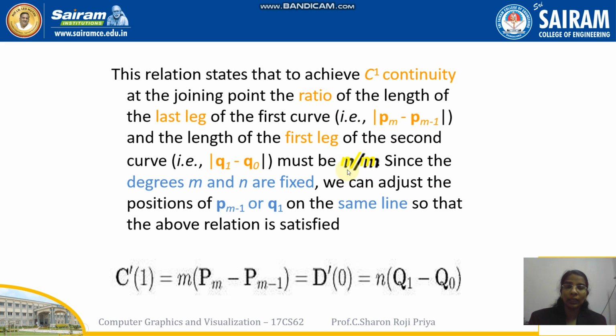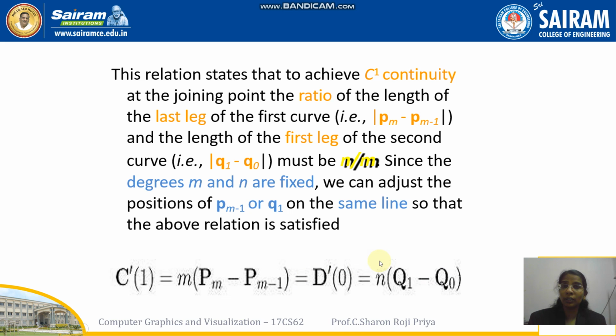What are n and m? They are the degrees. Since they are degrees, I cannot change these n and m values. You know, degree is based upon the number of control points. So I can adjust the control points so that this condition will be satisfied.